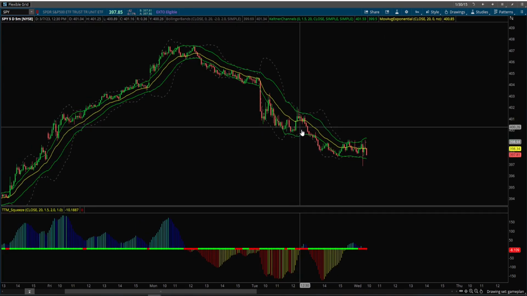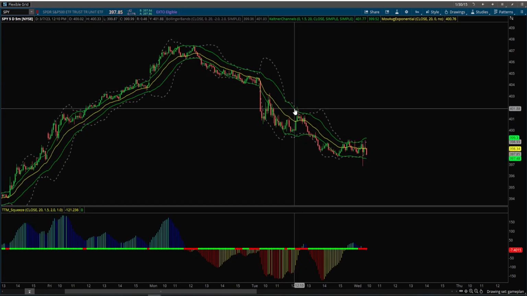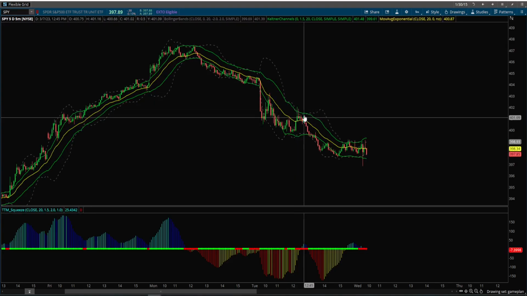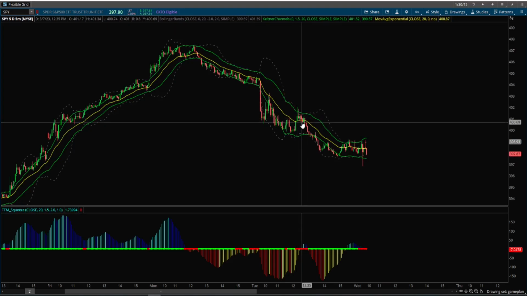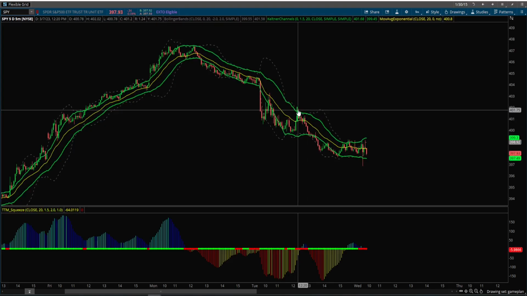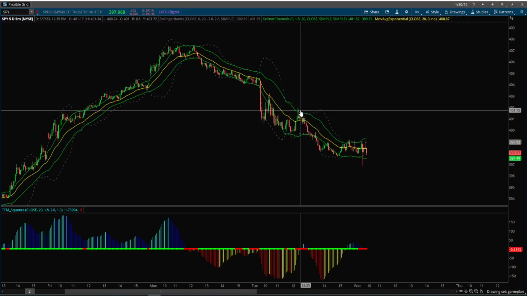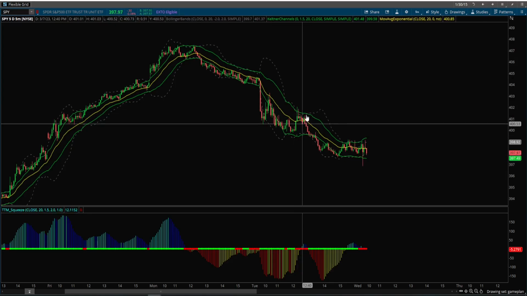When I'm talking about it, when I say you get your squeeze here, you know that you're getting a buildup of energy. You're getting a volatility compression in the data set itself, which will alert you that an event or a move is about to happen in the price itself.